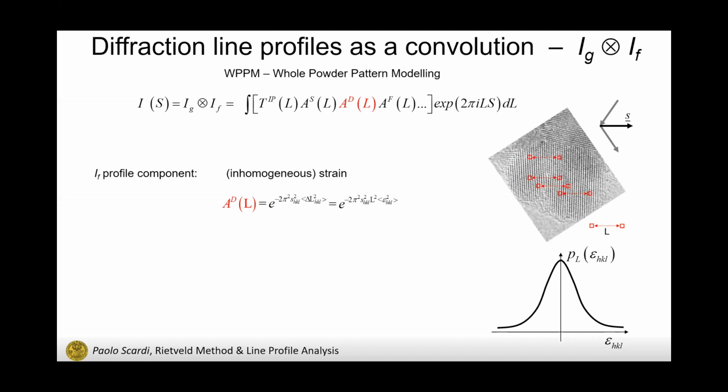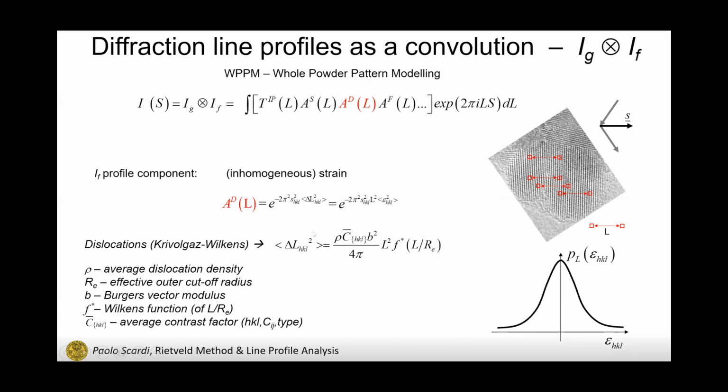For each distribution for any distance L between pairs of atoms within the crystalline domain. And then you have to do this for each crystallographic direction in the domain. It is not at all so simple.